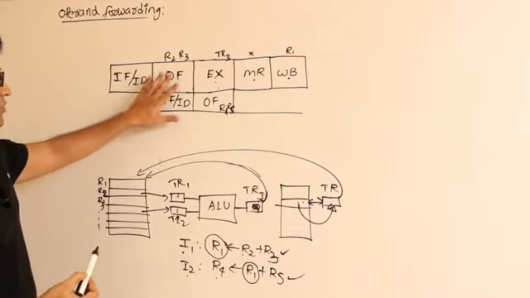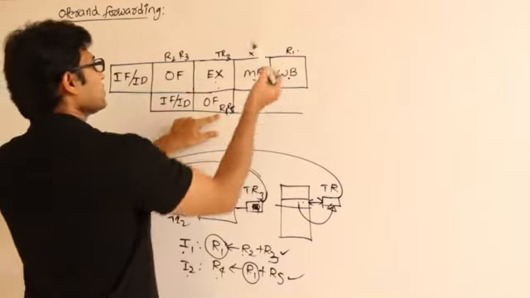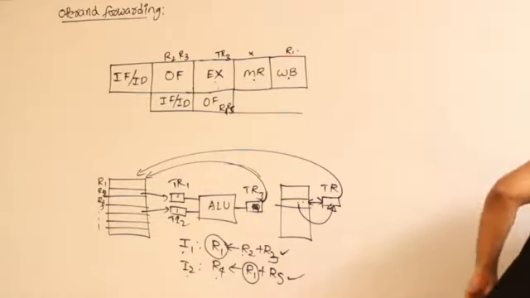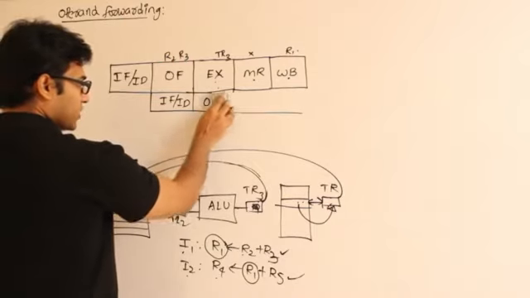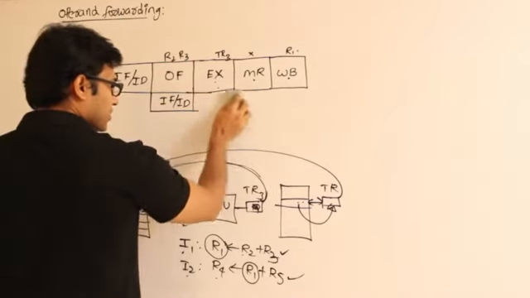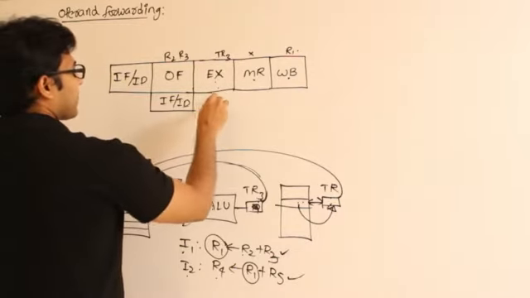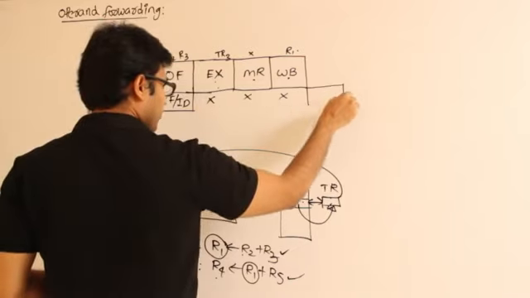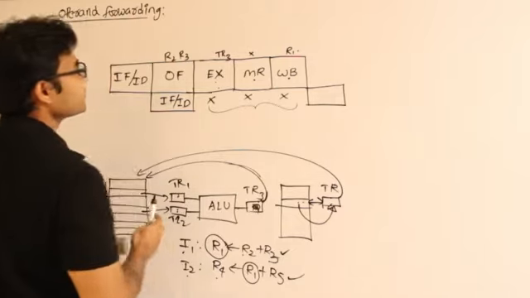But if you observe this one, R1 is not available until the execution of this phase, right? So that is the reason you cannot perform this operand fetch here, and you are supposed to introduce these stall cycles. So you are supposed to halt, and here only you can start with operand fetch, right? Therefore 3 cycles are going to be wasted.